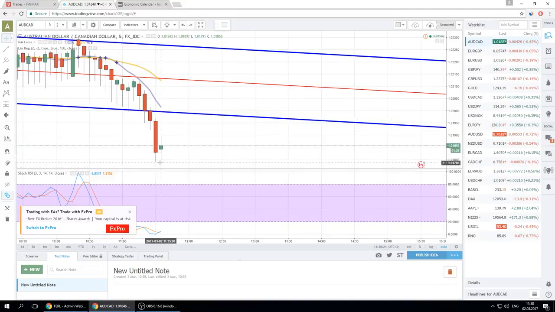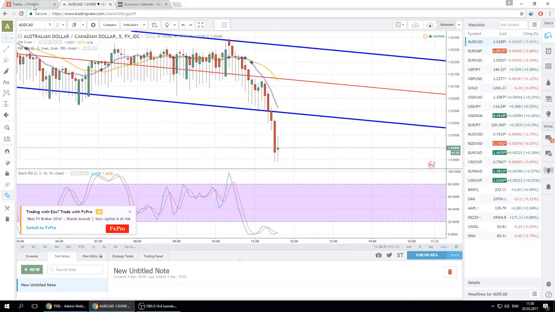This doesn't look like the pin bar or the turning point, so the trend can continue going down.